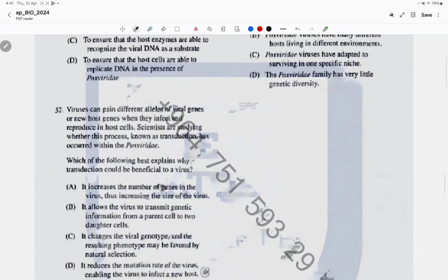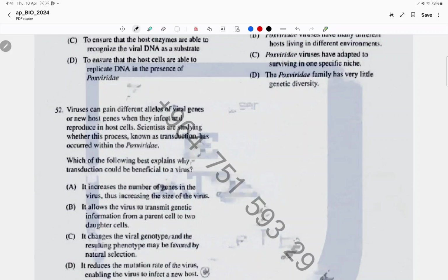52. Viruses can gain different alleles of viral genes or new host genes when they infect and reproduce in host cells. Scientists are studying whether this process, known as transduction, has occurred within this family of viruses. Which of the following best explains why transduction could be beneficial to a virus?